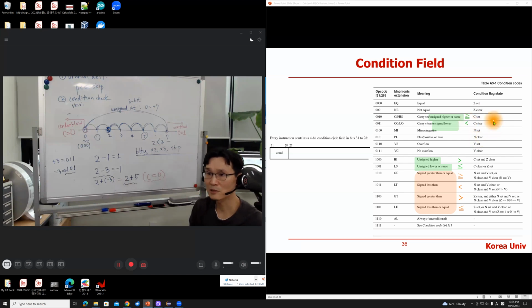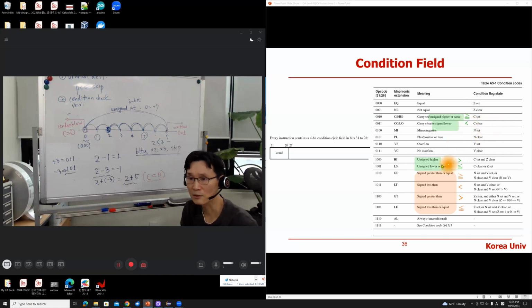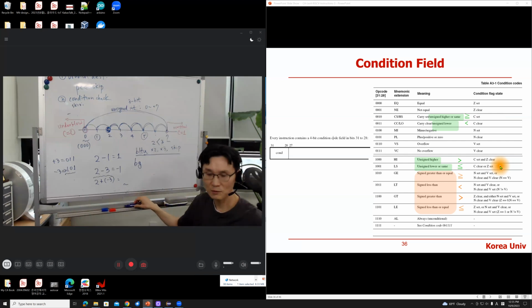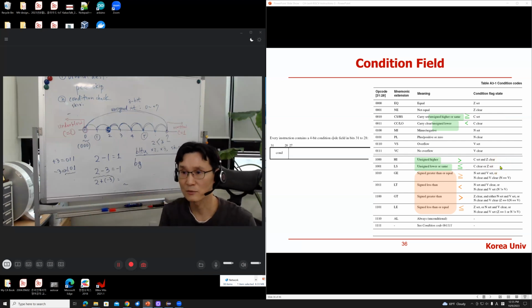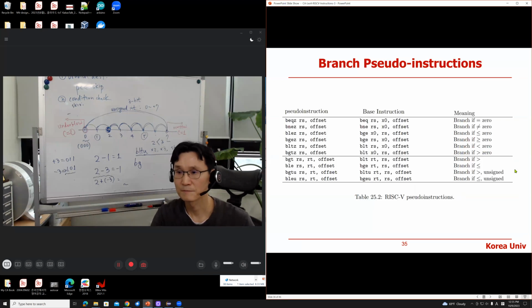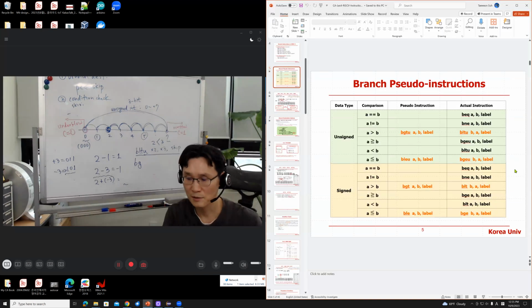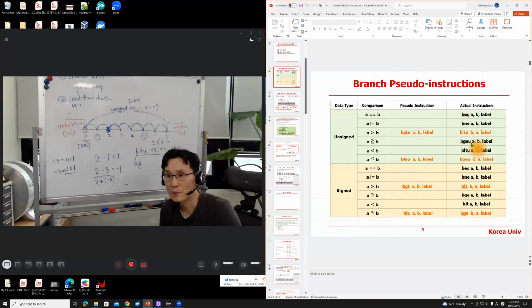How about this condition, higher? RISC-V is providing BGE or BGT, confusing. Okay, let's go back. BGE, that is a real instruction.